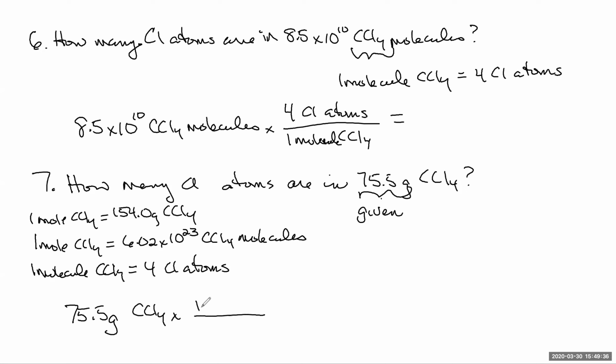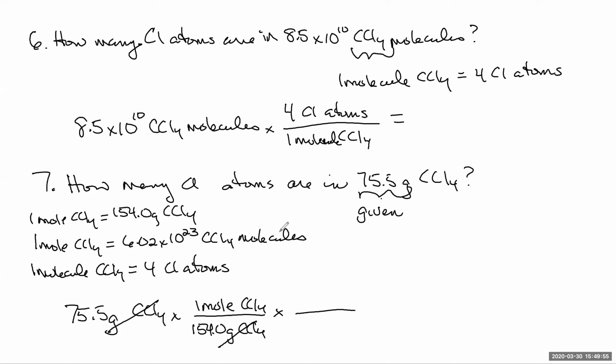And so I'm going to use 1 mole. It's 154.0 grams. How did I know to start with this one? It's the only equivalent statement that had grams in it, and I started with grams, so I have to get rid of them. So now grams of carbon tetrachloride are gone. I now have moles.